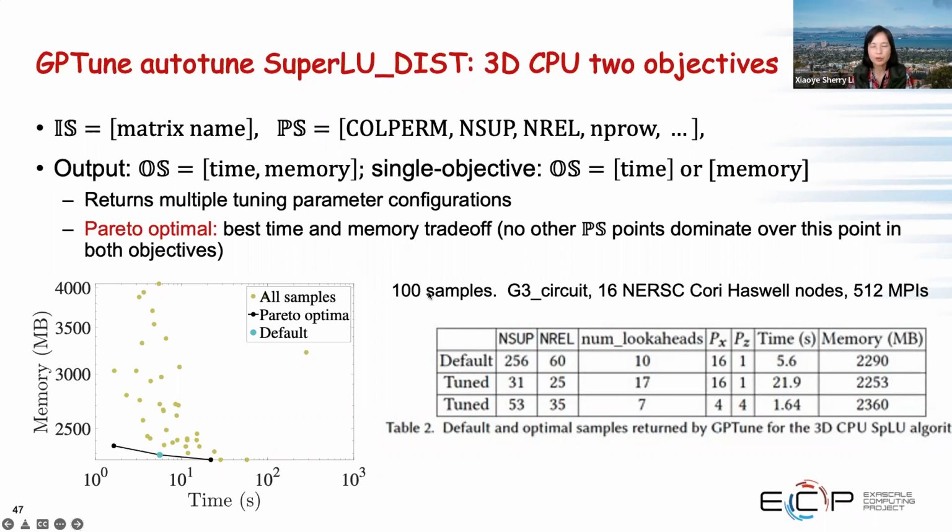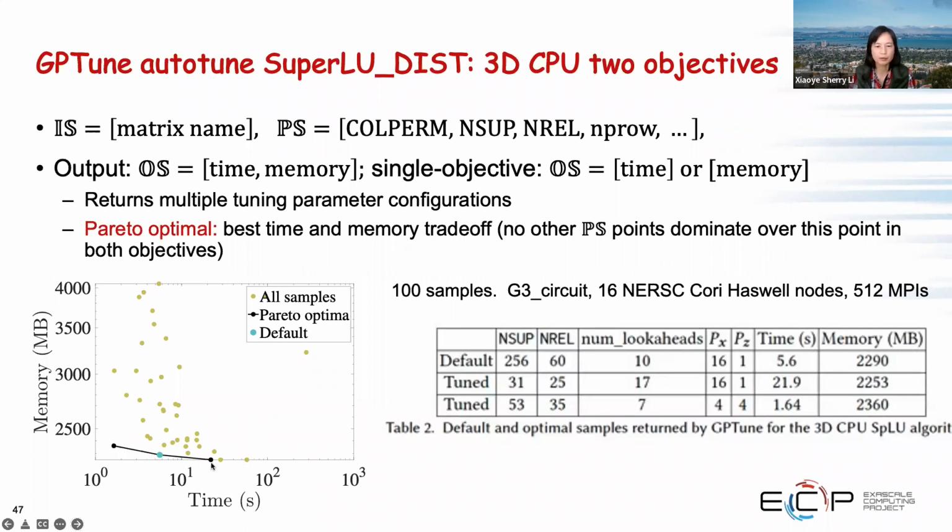This auto tuner uses a Gaussian process to build the surrogate model, and then it iteratively samples the parameter configuration space and improves this surrogate model. In this case, I have 5 parameters. Imagine if you do exhaustive search, it's going to be a huge number of configurations. But we only need 100 samples by using this clever Bayesian optimization technique. Then you can discover the best configuration.